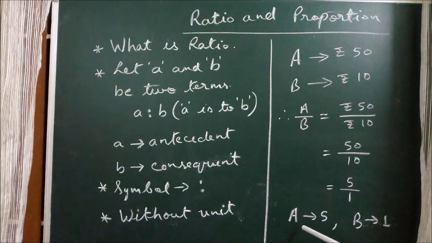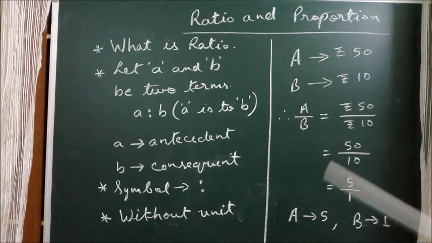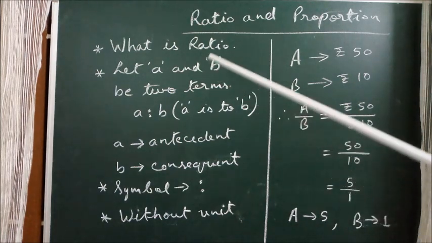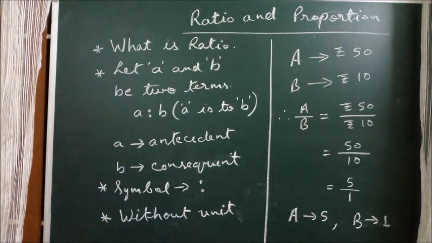So the value of A is 5 and the value of B is 1. Compared to the value of B, the value of A is 5 times more. So this comparison is known as the ratio.